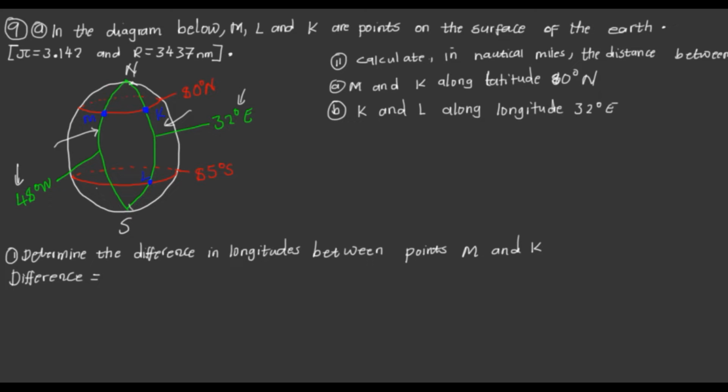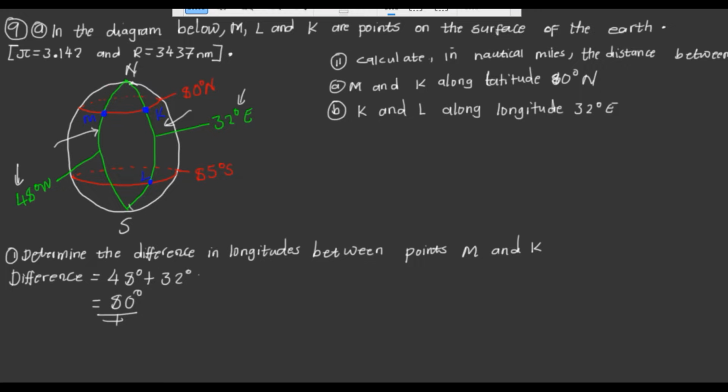The longitude for M is 48 degrees plus 32 degrees. If we add, 48 plus 32, we get 80 degrees. So this is the difference in the longitude between points M and K.